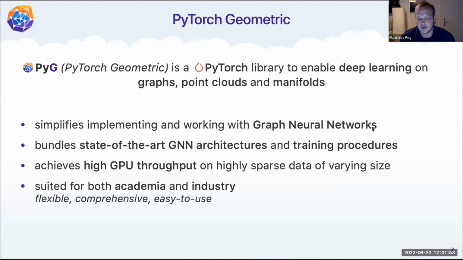For academia, that means that PyG needs to stay flexible in the sense that research should not be limited by its scope. And for industry, it means that we also want to be comprehensive and easy to use, such that new advances in graph representation learning get immediately applied to industry applications as well.